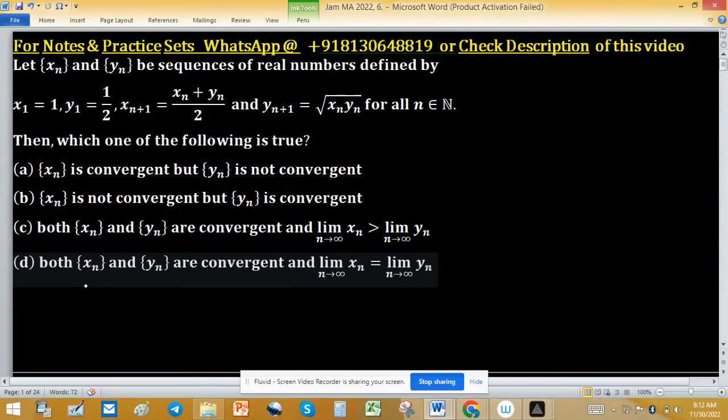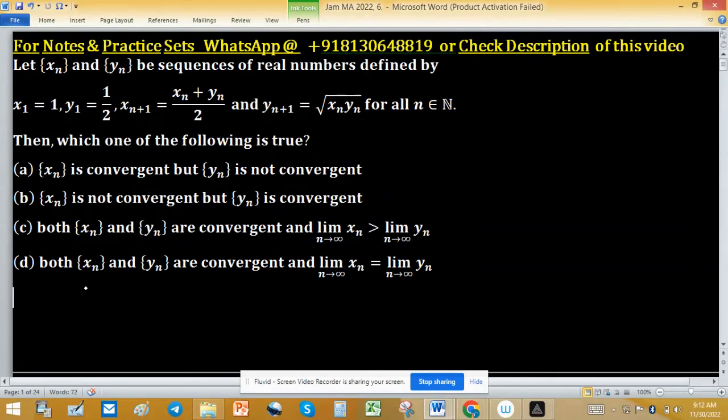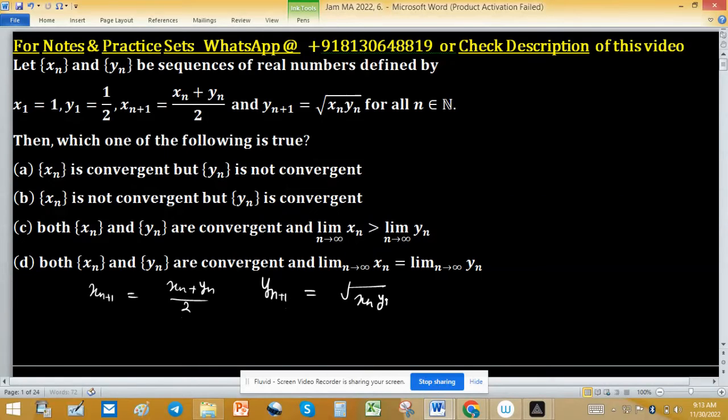So first, try to find a relation between x_n and y_n so that we can easily predict whether x_n or y_n is monotonic or bounded. As we know, x_{n+1} is given as (x_n plus y_n) divided by 2, and y_{n+1} equals the square root of x_n into y_n. So this is the arithmetic mean AM, and this is the geometric mean GM.